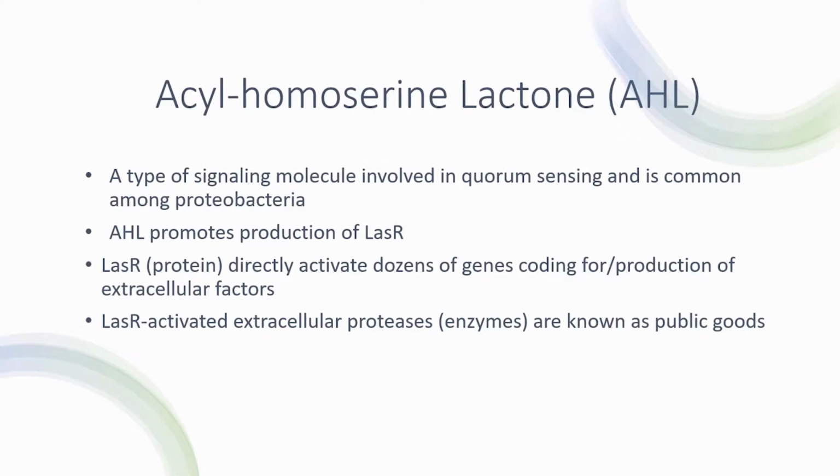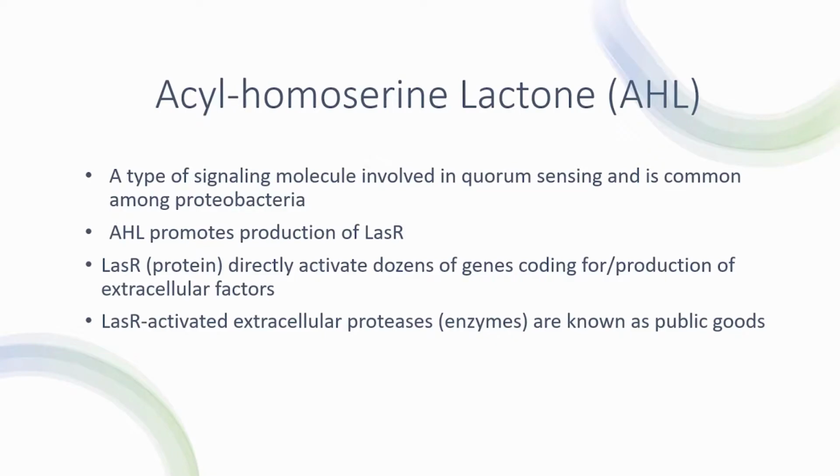Once again, it's the little red pentagon-looking things in the previous picture, the chemical that goes in and out of the cell. This signaling molecule is involved in quorum sensing and is common among proteobacteria, which is just a group of bacteria. You might know E. coli, which is a part of that group.